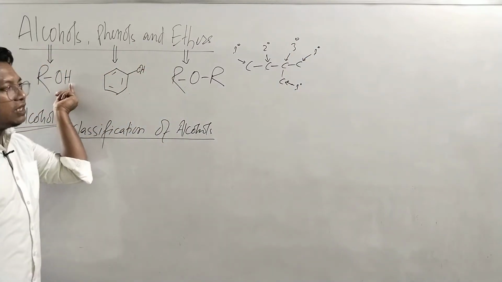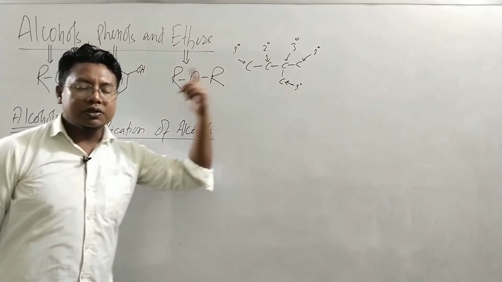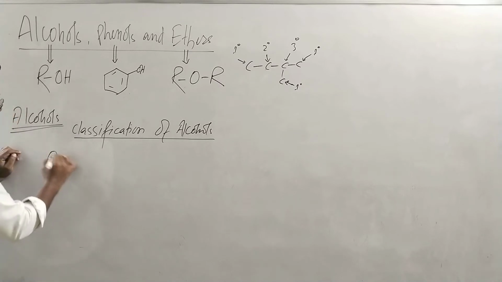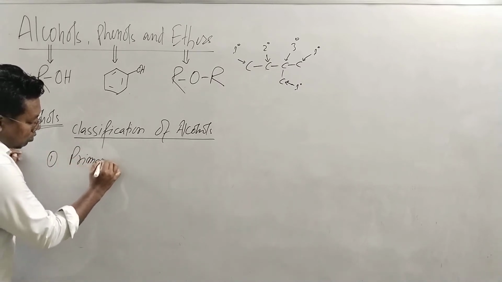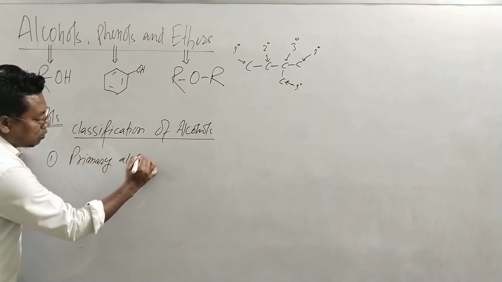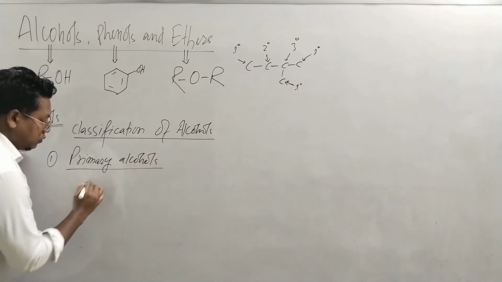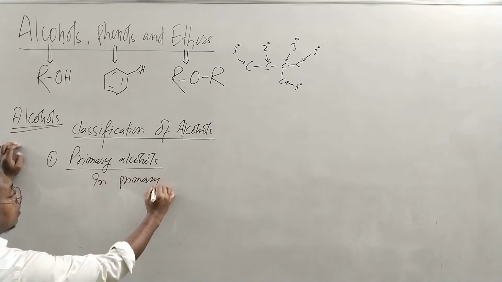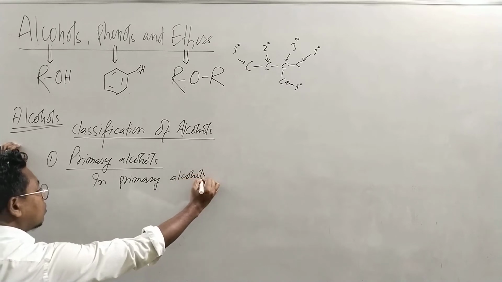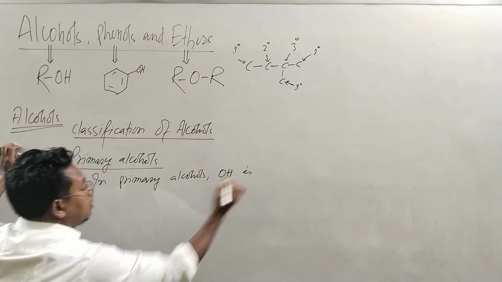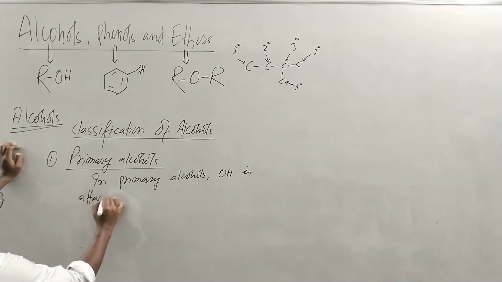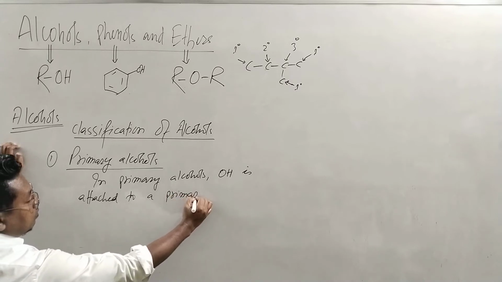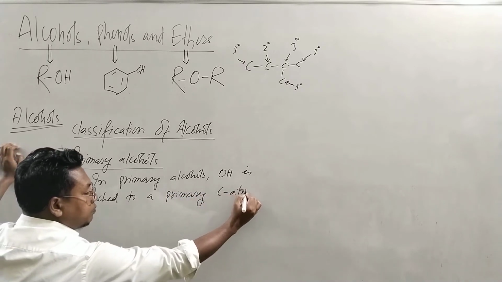So if OH is attached to a primary carbon atom, then the alcohols are called primary alcohols. The first classification is primary alcohols. In primary alcohols, OH is attached to a primary carbon atom.